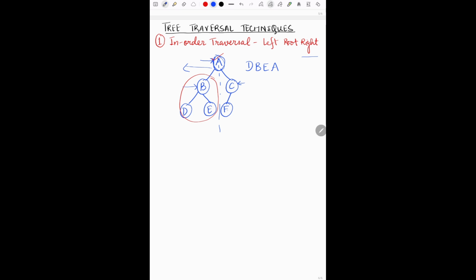As soon as I go to the left subtree, this is a leaf node, so we can write it down as the left child. Since the right of C is null, we need not write anything for the null value.